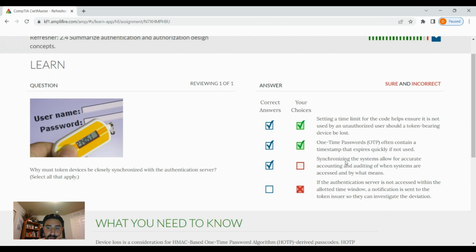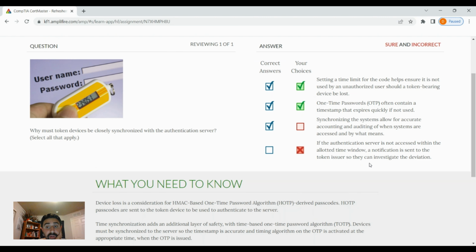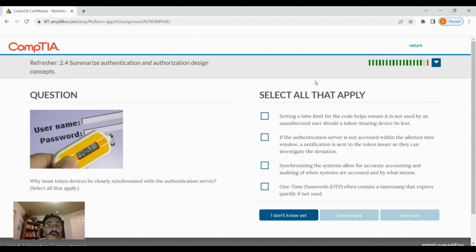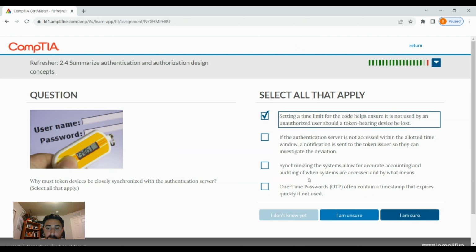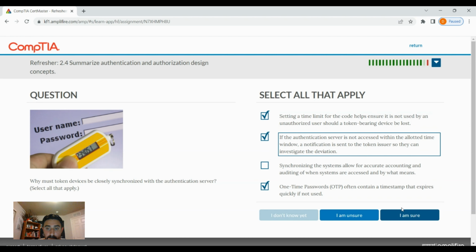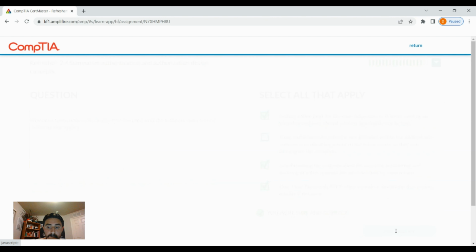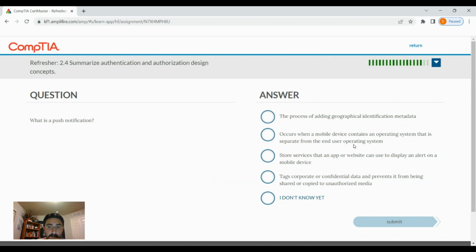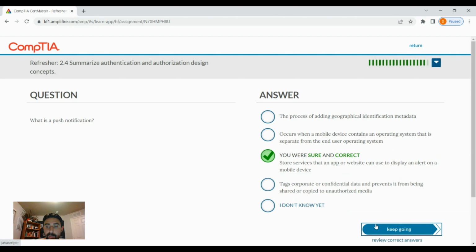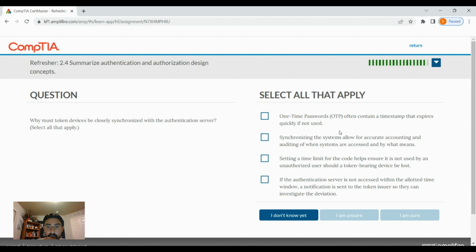All right, so synchronization in the system. Okay, so I was close. I was close on that. That's not bad. That's not terrible. Okay, cool. Store services that an app or website can use. Okay, perfect.